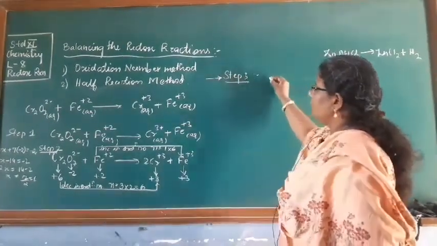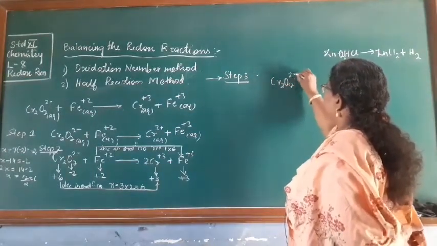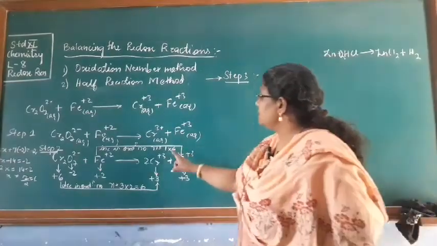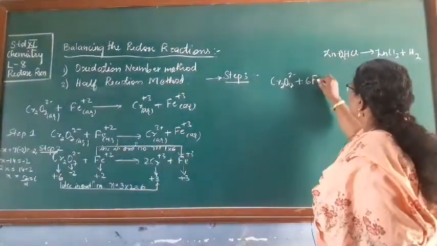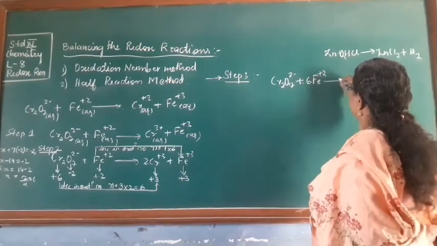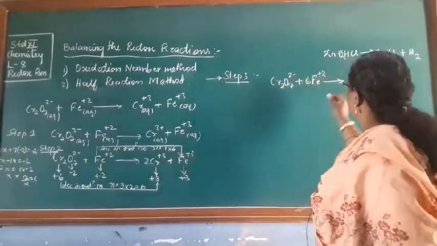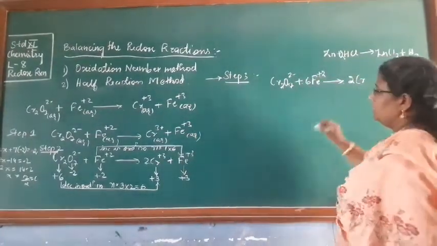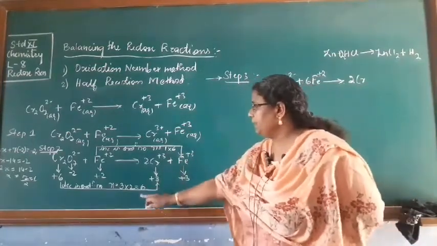Okay, so now you can write your equation properly. Cr2O7 2 minus plus, here we multiplied by 6, so write 6 Fe plus 2, giving you 2 Cr plus 3. Keep as it is because there we don't have to make any change, because here it is 6 and here it is 6, we haven't multiplied anything here.